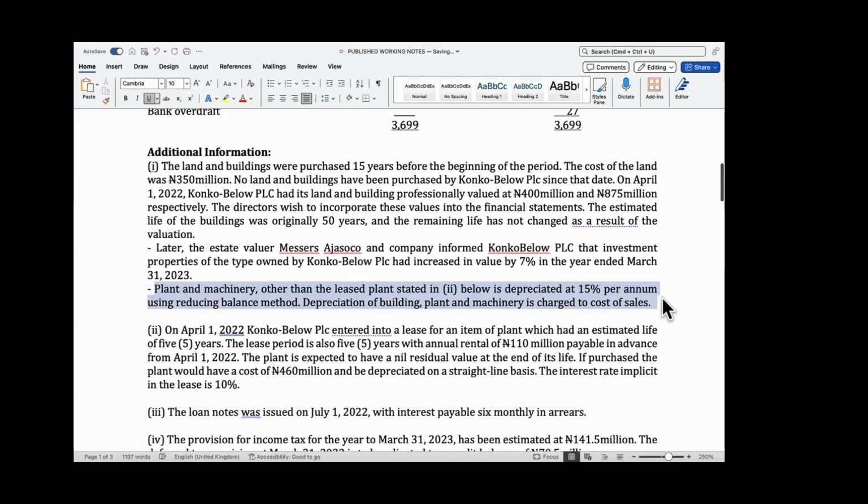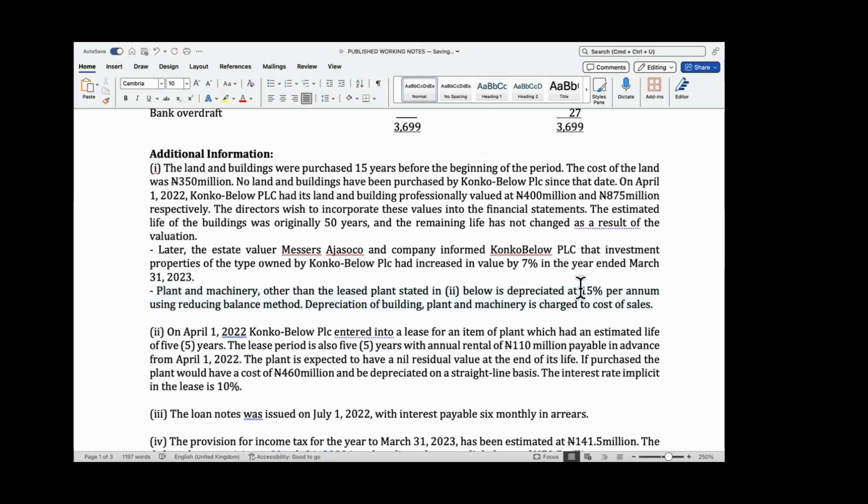This plant and machinery, we only need to depreciate it. And we are depreciating it using the reducing balance method.